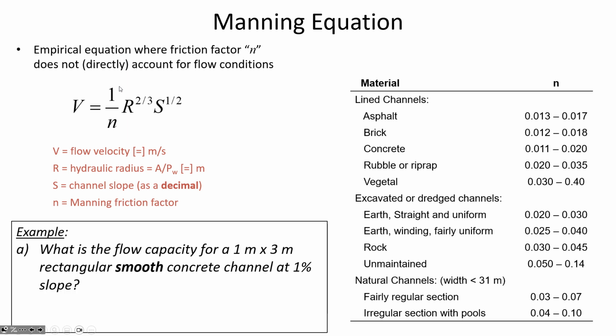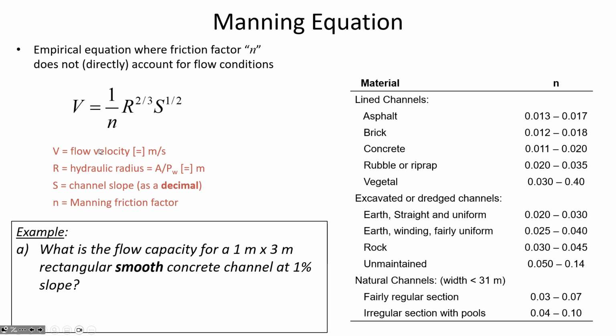So just as a first implementation of that, let's say that we have water flowing through a rectangular channel that's 3 meters wide, and the flow of water is 1 meter deep. So the channel would look like this. We've got 3 meters wide, and it's at a depth of 1 meter.